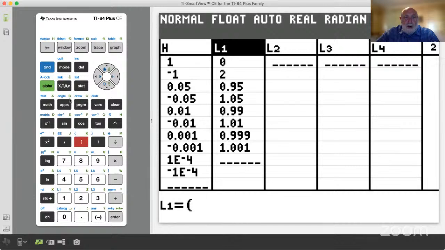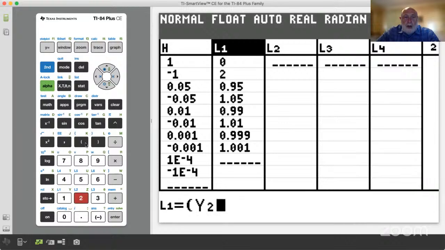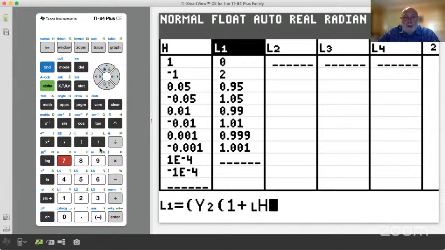All right, let's try that again. There we go, Y2. And it's Y2 of 1 plus, and this is where we need to pull the list H. So I'll go to the list menu. Number 7 is H. And then we'll subtract just Y2 of 1.